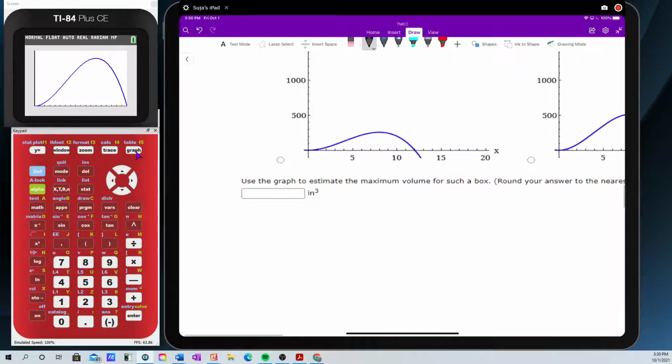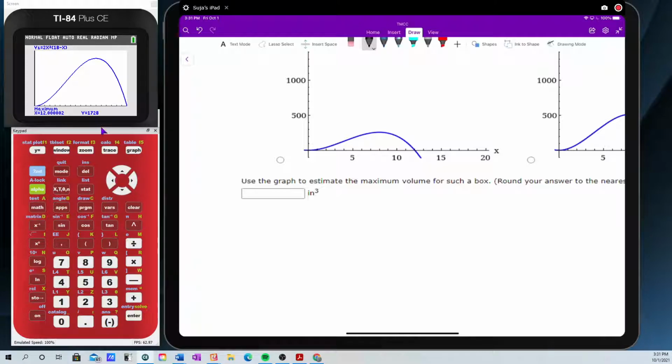This is not a quadratic function, it's a cubic one, and I'm going to use my calculator to find the maximum. So second calc, maximum, left bound, right bound, enter, enter again, and this is the maximum value.